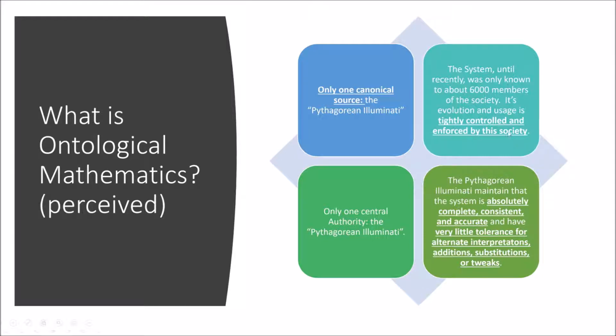So its evolution and usage is tightly controlled and enforced by the society. Once again, there's only one central authority, and they maintain that the system is absolutely complete, consistent, and accurate, and have very little tolerance for alternate interpretations, additions, substitutions, or tweaks.